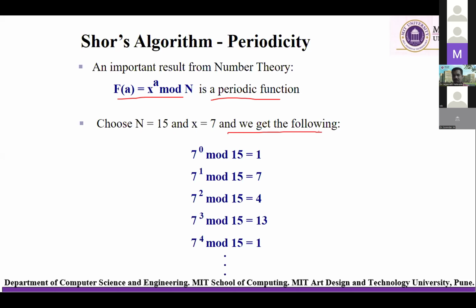Then we get the following result. 7 raised to 0 mod 15 is 1. 7 raised to 1 mod 15 is 7. 7 raised to 2 mod 15 is 4. 7 raised to 3 mod 15 is 13. And after that, if you consider 7 raised to 4, 5, 6, 7, you will get the same type of values, 1, 7, 4 and 13.